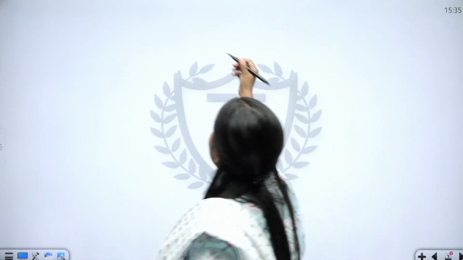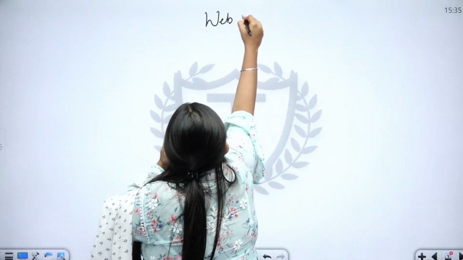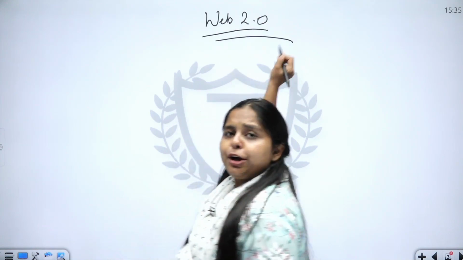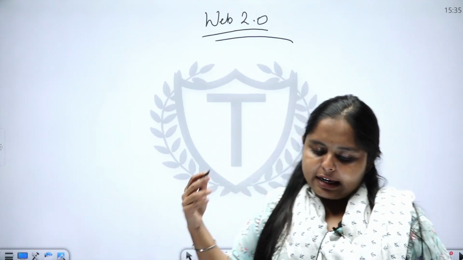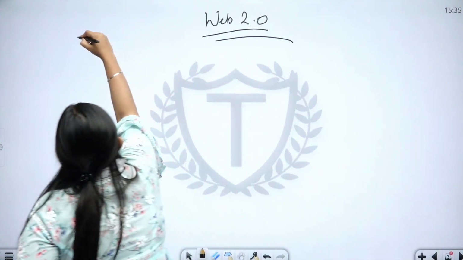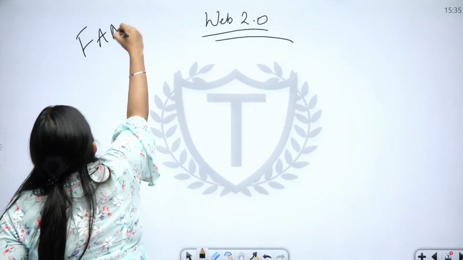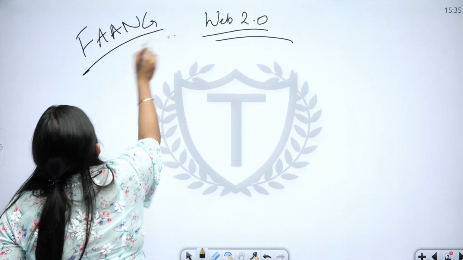Now coming to Web 2.0. Web 2.0 is the current network of internet that we are using. It has often been given the name of FANG. Now what is FANG?